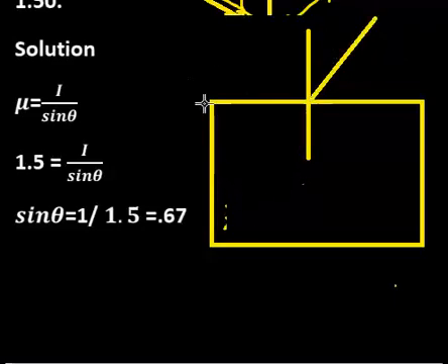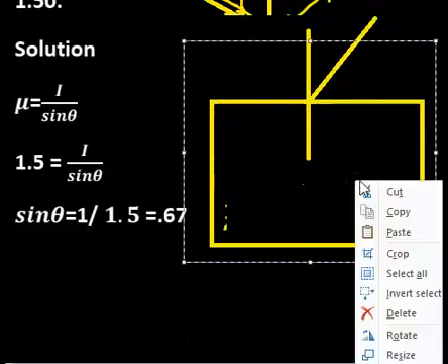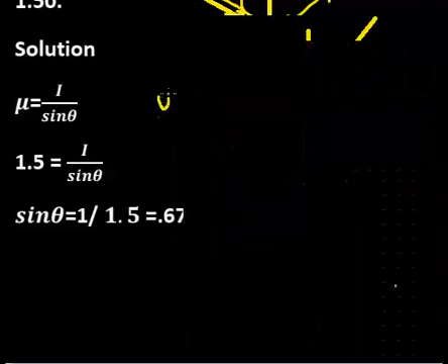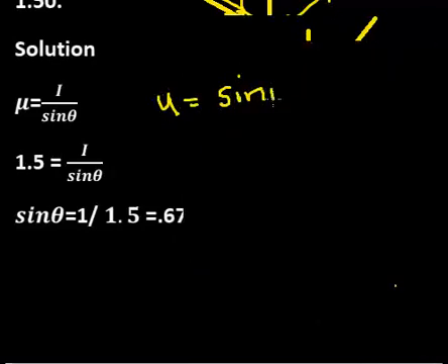Now let's go straight to the formula, which is very important. The formula of refractive index: we know that refractive index is equal to sine i all over sine r, right? Considering light in this case, at that point the angle of incidence is actually 90 degrees.